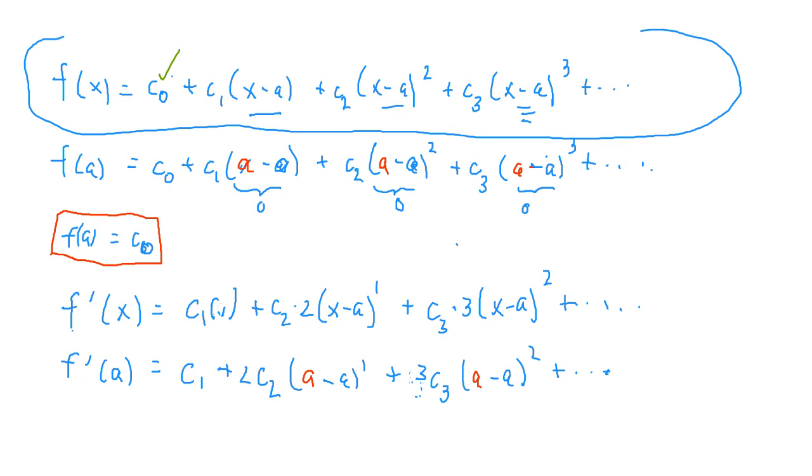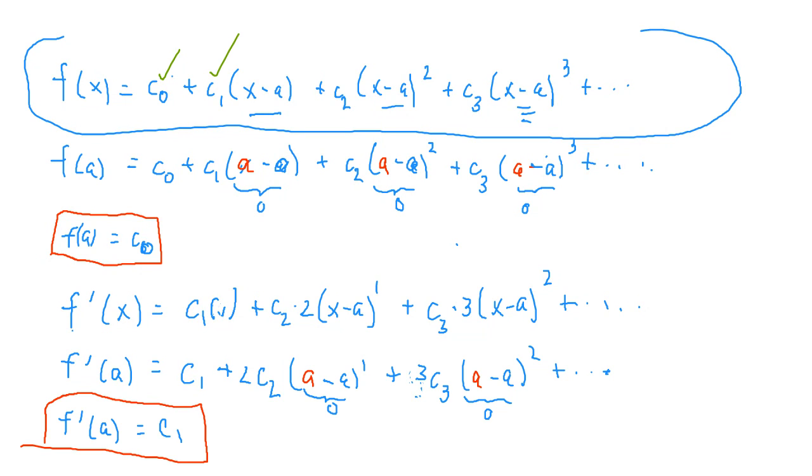What happens here? Those terms are 0. So it looks like f prime of a is equal to c1. Now I know the second coefficient, I know what c1 is. So far, are we okay?